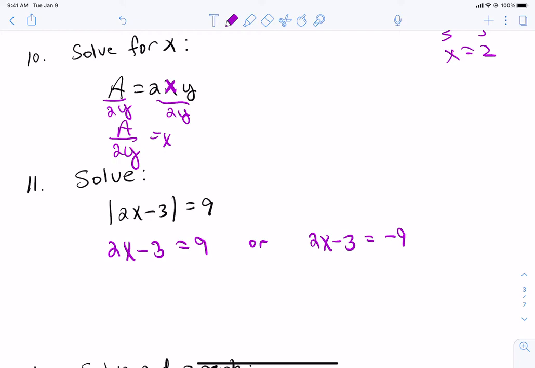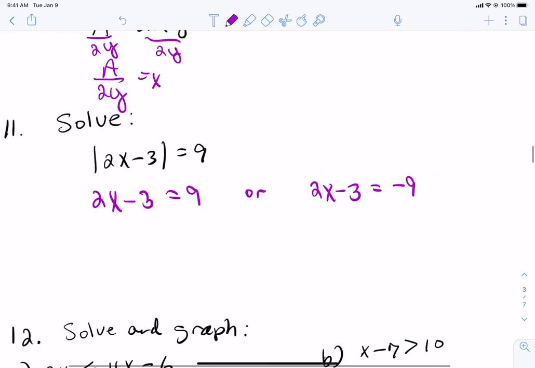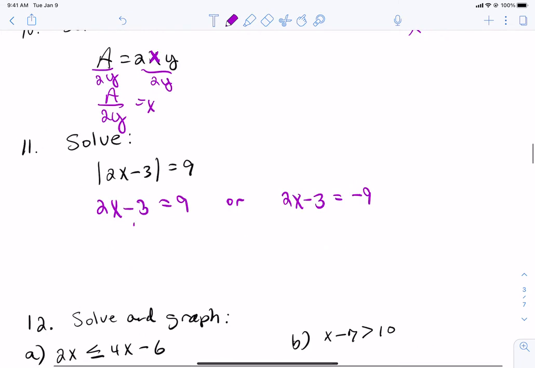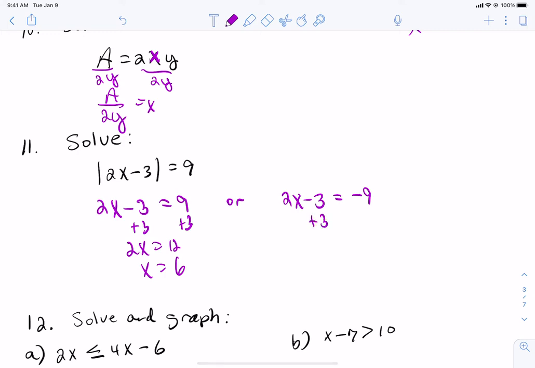Okay, so now let's solve. Both cases, we're going to add 3 and then divide off the 2. So the first answer is 6 when we add 3 and divide by 2. The second answer is going to look different because now we're adding 3 to a negative 9. So it becomes negative 6, and when we divide by 2, we get negative 3.